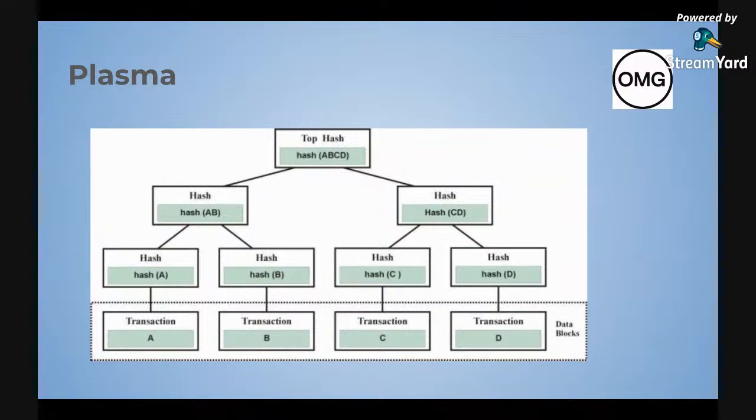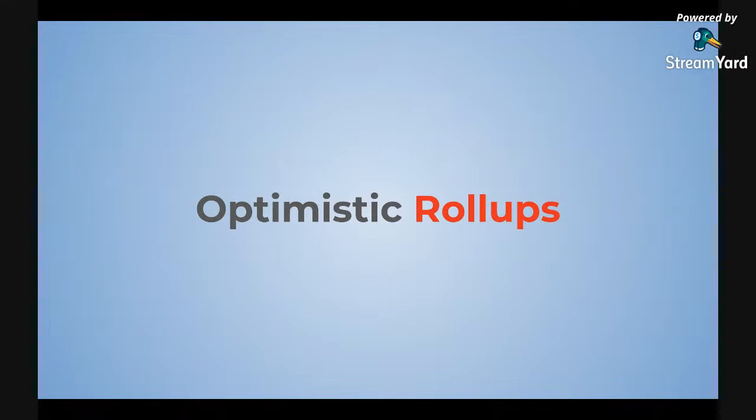Cool. Okay, then optimistic rollups. The core difference between Plasma and optimistic rollups is the optimism. Jason briefly mentioned this, but optimistic rollups support smart contracts, so they're EVM compatible. As Jason was saying, there are multiple different flavors of Plasma. The main thing to note about optimistic rollups is they support these smart contracts, but they are less scalable than Plasma.